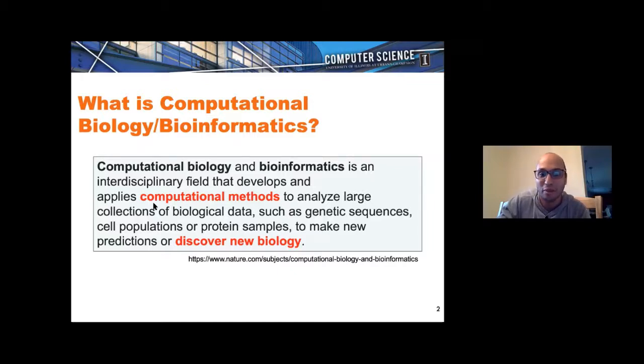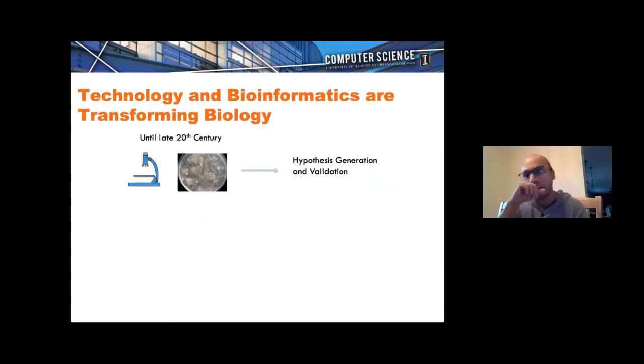There are a couple of things that are important here. It's about computational methods, so developing new computational methods, and the goal is to discover new biology, and you do that through analyzing biological data. The key connecting piece is biological data, and that's related to what happened in biology. Until the late 20th century, biology was very bottom up.